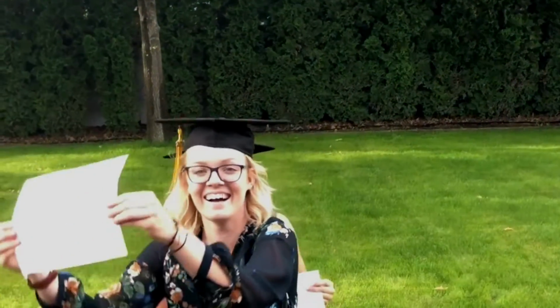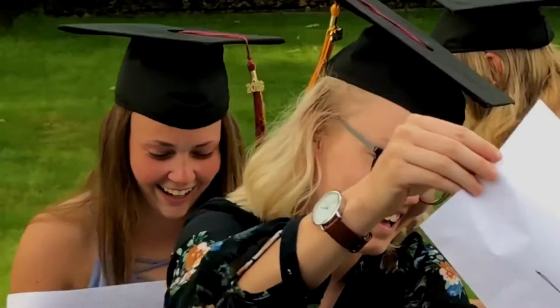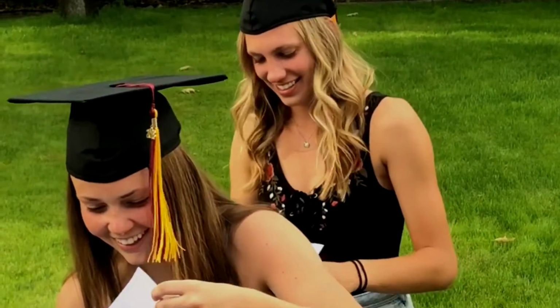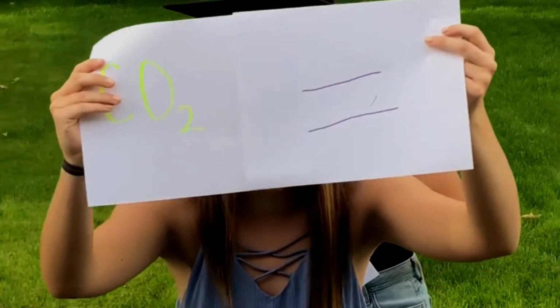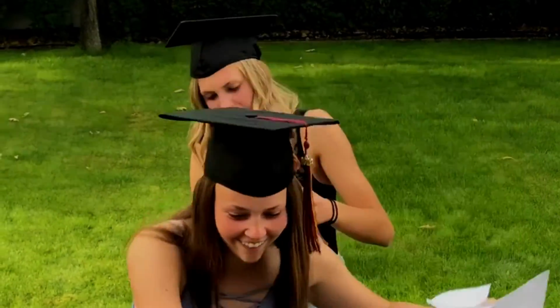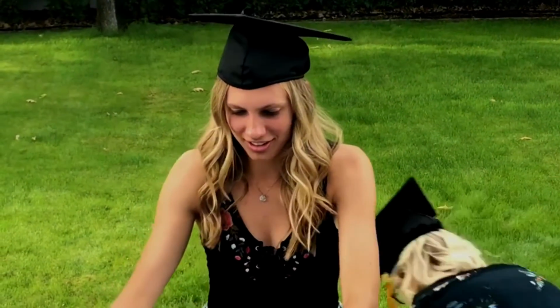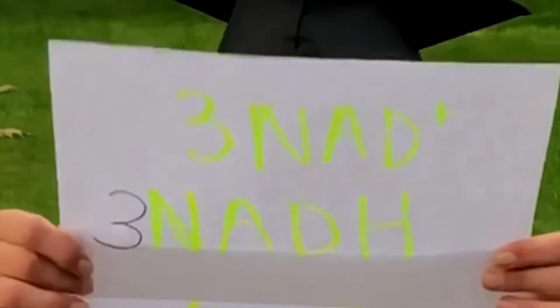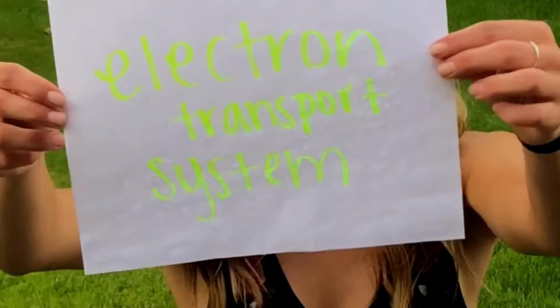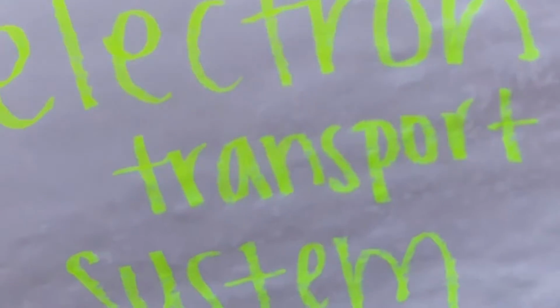As the cycle continues, CO2 is also produced, as well as 6 negatively charged electrons that produce 3 NAD+ and 3 NADH. These are then taken to an electron transport system.